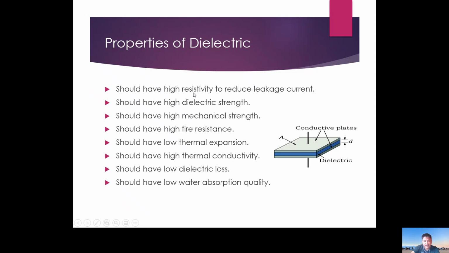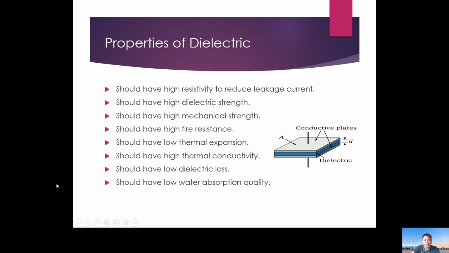The inverse of high resistivity is good electrical conductivity, so this is the opposite of that. The higher the resistivity, the more its capability to reduce the flow of electric current through it. So it should have high resistivity.